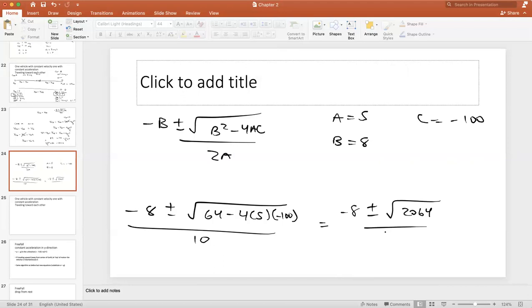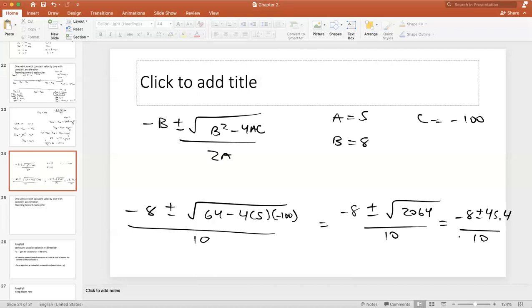the square root of 2064 over 10. Now, when I do this, the square root of 2064 is 45.4. So this is minus 8 plus or minus 45.4, let's call it, over 10. And I get two solutions.